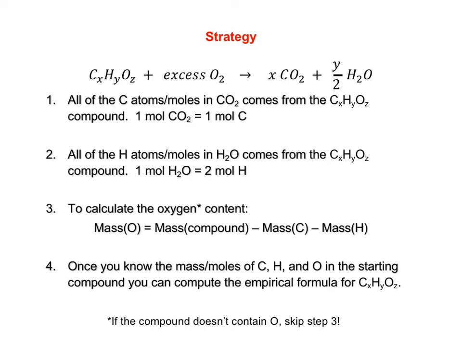And so now we know the number of moles of carbon, hydrogen, and oxygen. And so now it's just like determining the empirical formula like we've done previously. And of course, if the compound only contains carbon and hydrogen, then we can skip this third step dealing with the oxygen. I'm going to finish this video off with an example that just has carbon and hydrogen, and then I have a separate video with an example where the compound has carbon, hydrogen, and oxygen.